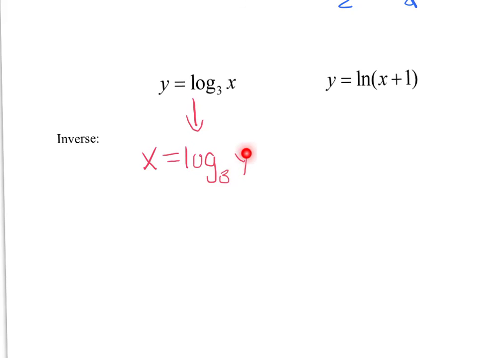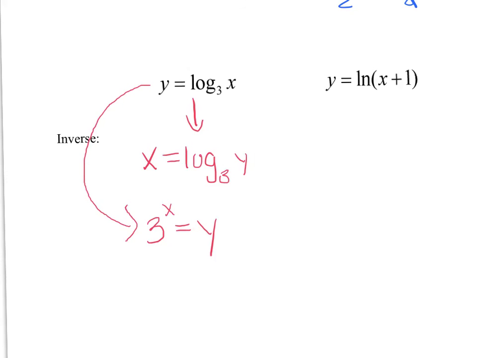The only way I can get y out of it is by taking it out of logarithmic form and putting it back into exponential form. So exponential form says my base, my log is 3, so the base of the exponent is 3. Remember, your logarithm always equals your exponent, and then this will equal what's inside, the exponent y. So the inverse of y equals log base 3 of x is 3 to the x equals y.